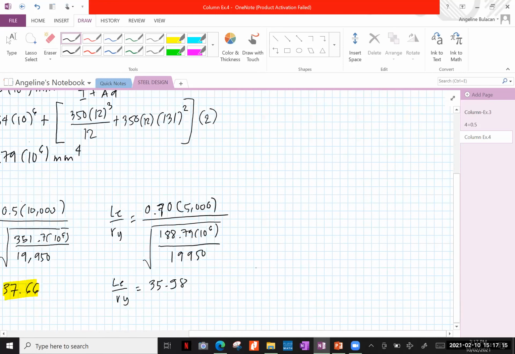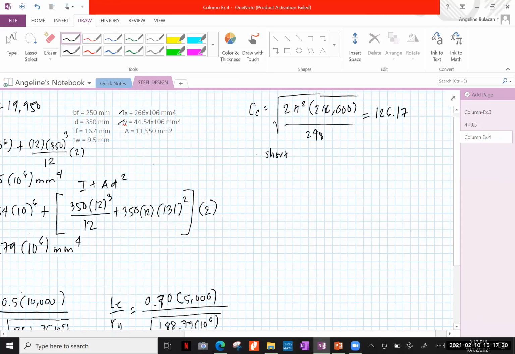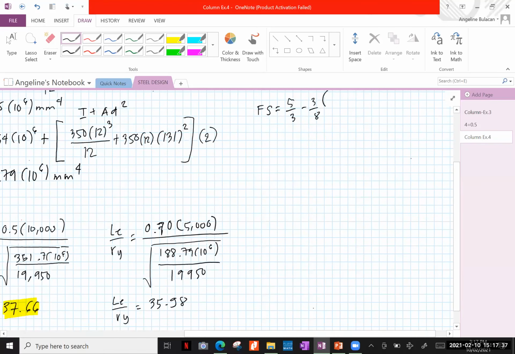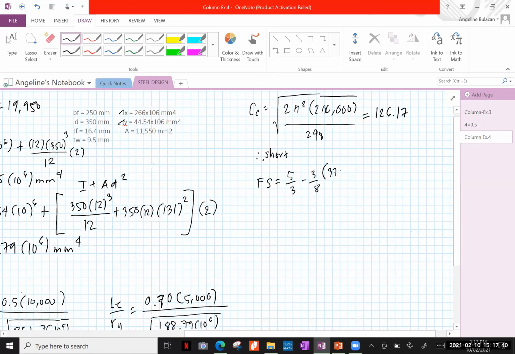Ito na. So, short column. Ang gagamitin natin is yung formula na may Fs. So, factor of safety is equal to 5/3 plus 3 over 8 times LE over R, 37.66, all over LE over R over CC, 126.17.